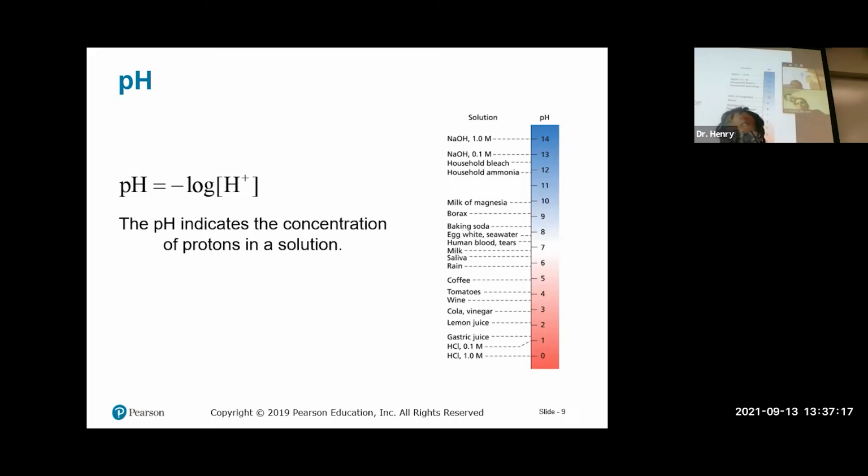It has magnesium in it, and so they call it milk of magnesia. It's clear, it's white, but Pepto has bismuth and milk of magnesia in it, and that gives you the pink color. Both of those make it basic. Ammonia, and then bleach, and then sodium hydroxide, in different concentrations.